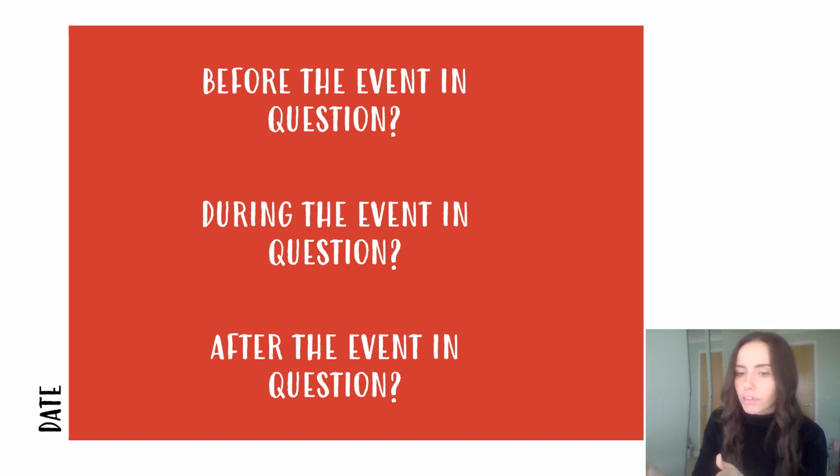And if the answer is after the event, you want to see how far after the event that source was put together, because that is going to give you an indication as to why the author writes or speaks the way that they do. If somebody is writing after an event, they will have hindsight, which means they know what happened beforehand, whereas a person writing before an event doesn't know what's going to happen.